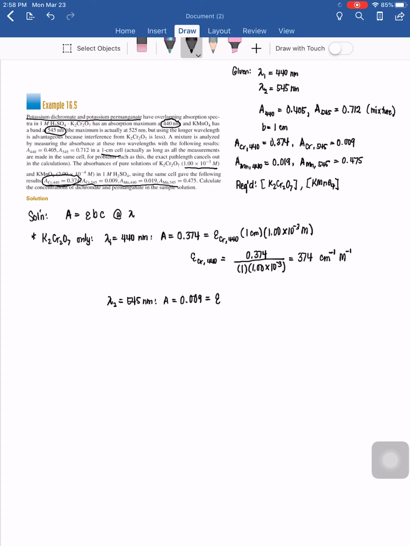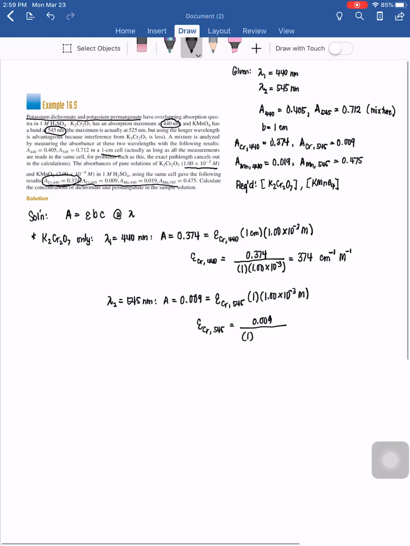That should be equal to the molar absorptivity of the dichromate solution at this wavelength times the path length times the concentration, so that the molar absorptivity at this wavelength is given by 0.009 divided by 1 times 1.0 times 10 to the negative 3.